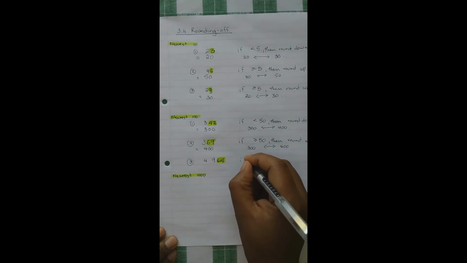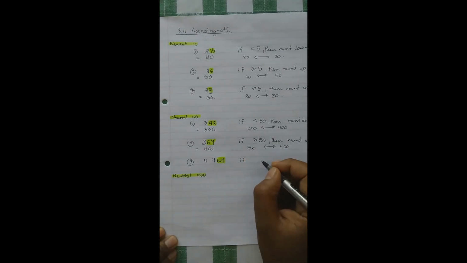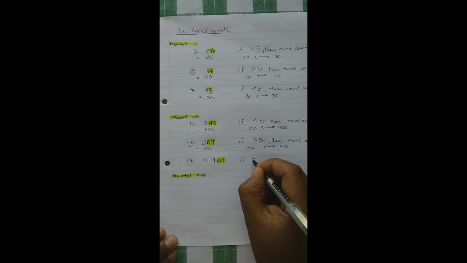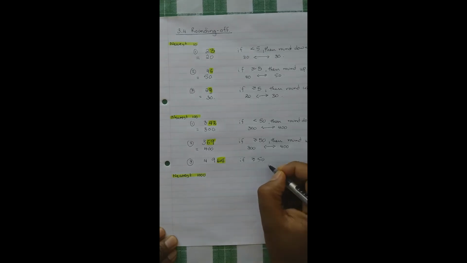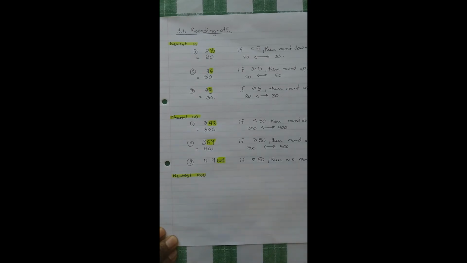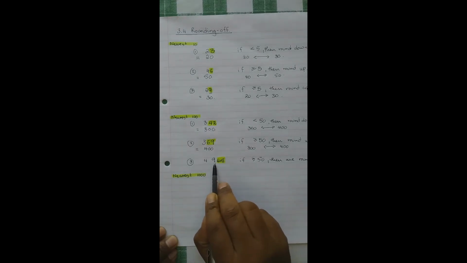We know that the rule states that if our tens there are greater or equals to 50, then we round up. An interesting thing happens with this one, because when we round up there, we've got 4,900, and we want to round off to the nearest 100.